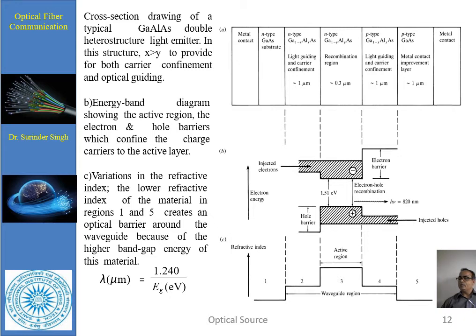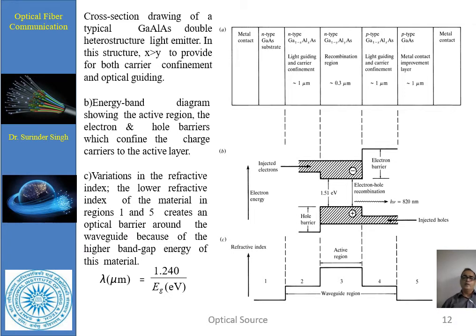Two types of confinement are to be achieved in this double heterostructure: one is carrier confinement, and another is optical confinement.